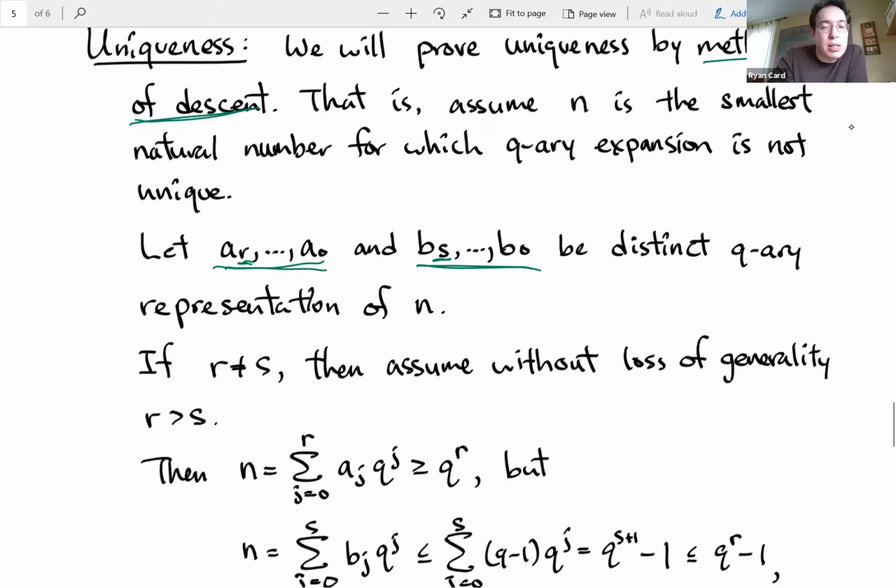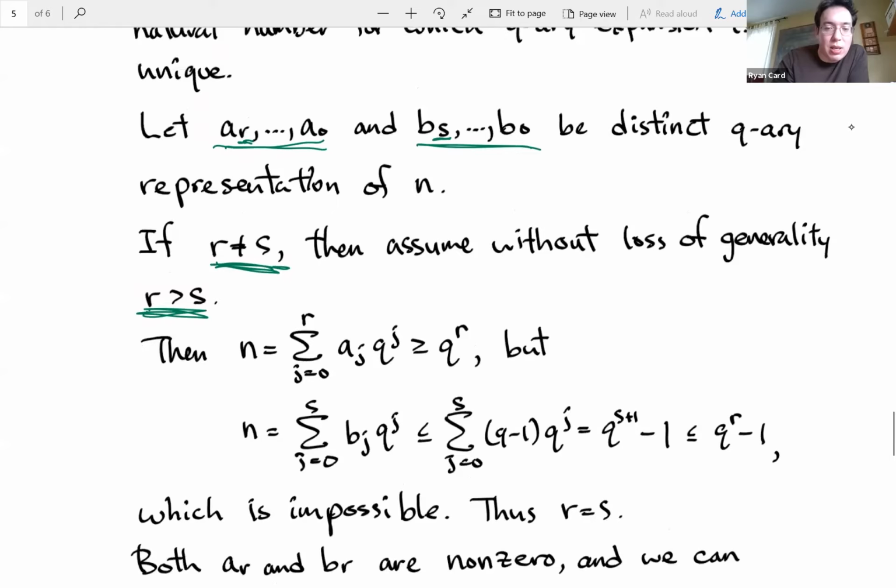So let's eliminate that case first. If there's a different number of digits, let's say r is not equal to s, then one of them is going to be bigger than the other. So assume without loss of generality that r is the one that's bigger. If s happened to be bigger, you just relabel it, and the argument is going to be the same. Okay, so let's say r is the bigger one.